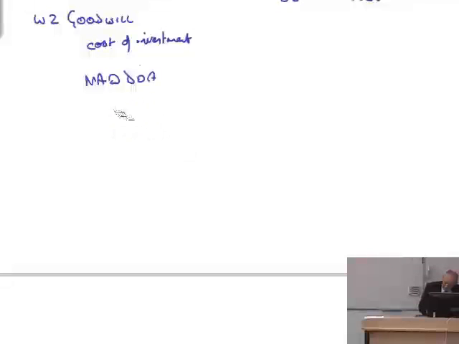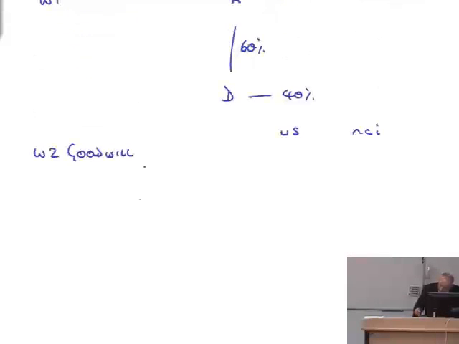So let me get rid of all this. I'm not going to have columns for us in the NCI. It's just going to be cost of investment, and we're told it's 16,000.